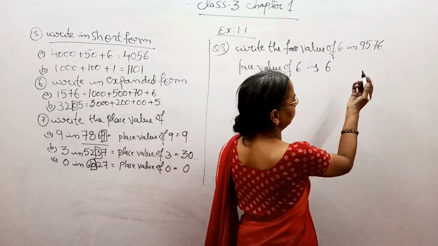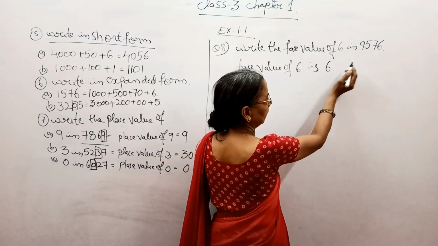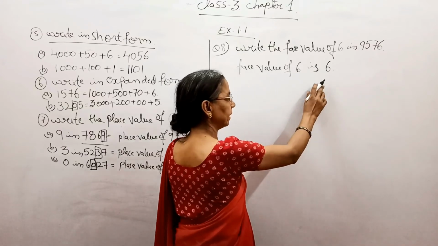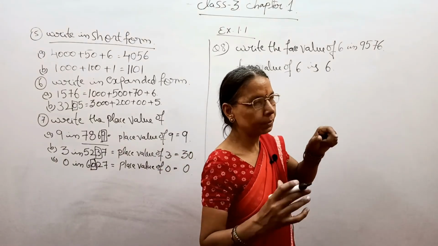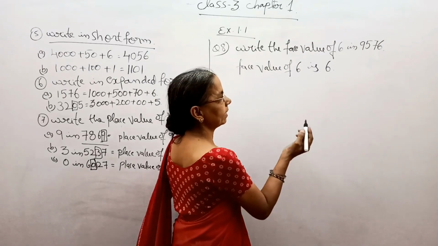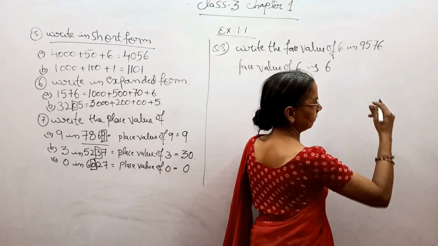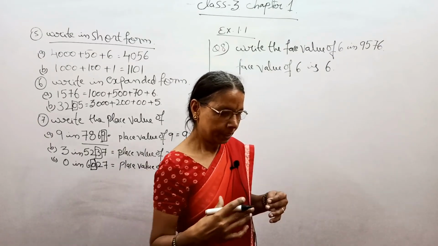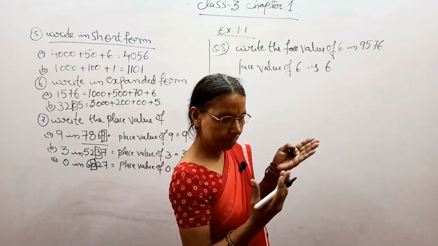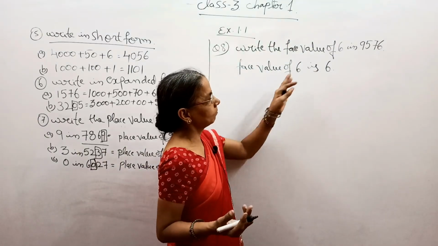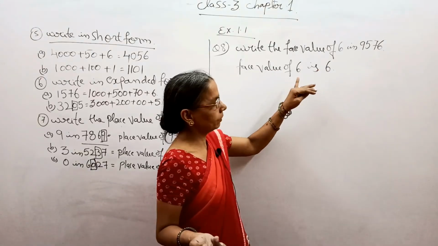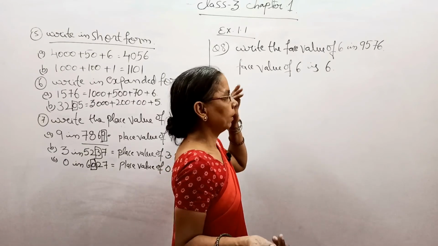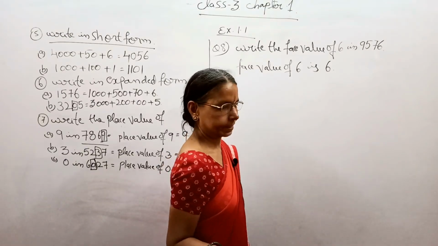It does not matter where the number is, the face is whatever we see. It is like a mirror. When we see in the mirror, whatever our face is, it is shown the same in the mirror. Like that, the face value of numbers is the same without any place.